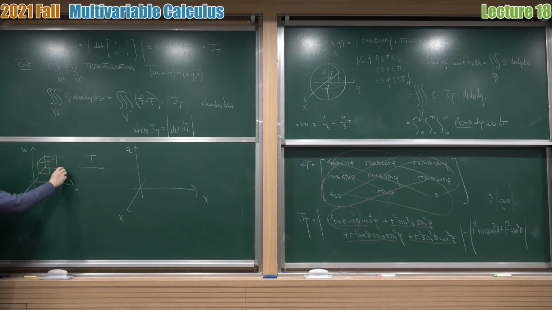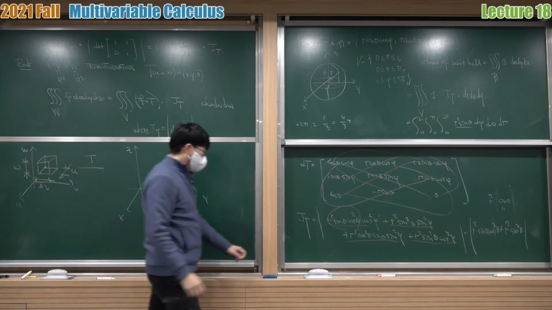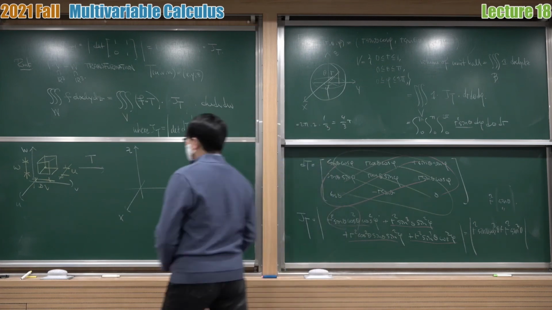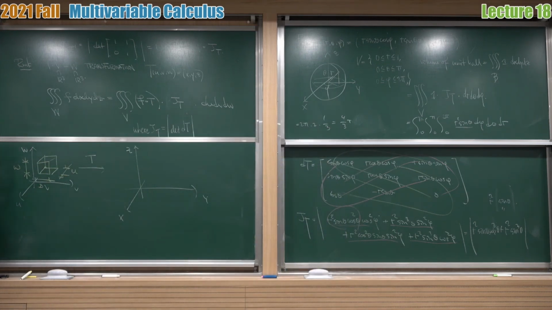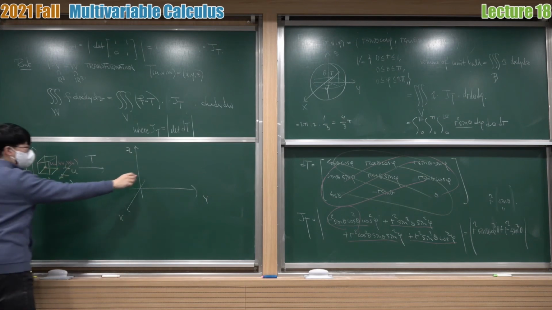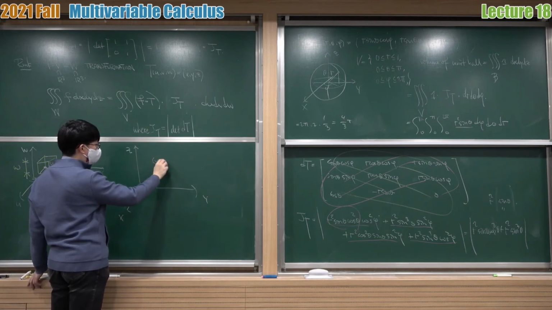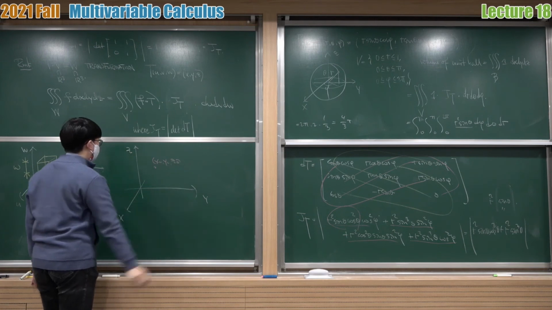So that cube has width, length, height. Okay? So let's think about the vector starting from the original point. So this is U0, V0, W0. Let's say the corresponding point is X0, Y0, Z0.